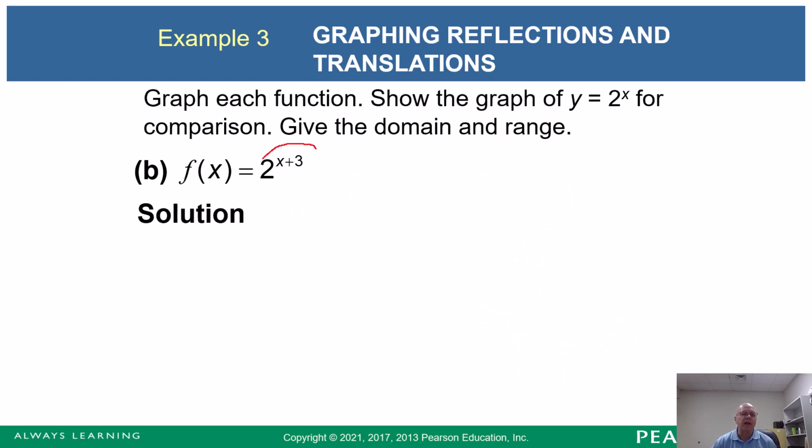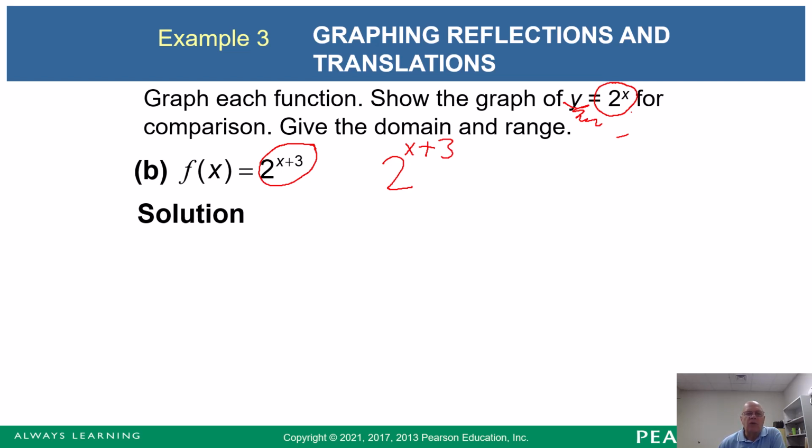Well, what if we have a function like this? So we've started out with 2 to the x as our basic, but we've decided x is boring. We'll make the exponent x plus 3. What does that do?